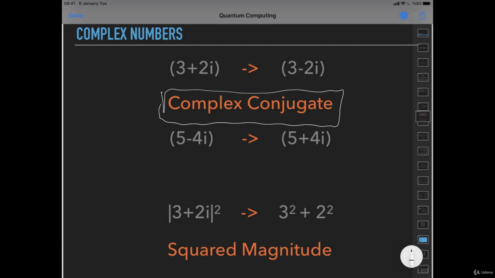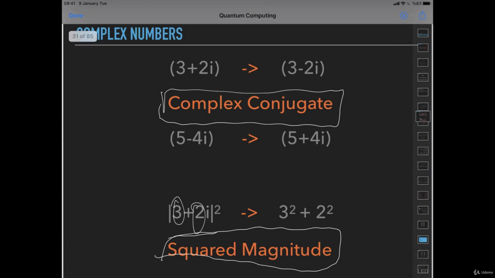And in the squared magnitude, you're only dealing with the coefficients of the real part and also the imaginary part. We're not dealing with the i itself, only with the coefficients of it. So 3 squared and 2 squared in this case. We're going to use this a lot in the actual probability calculations when it comes to quantum computing later on.